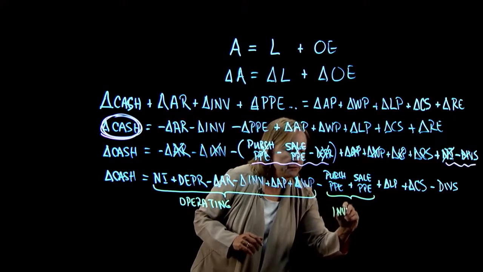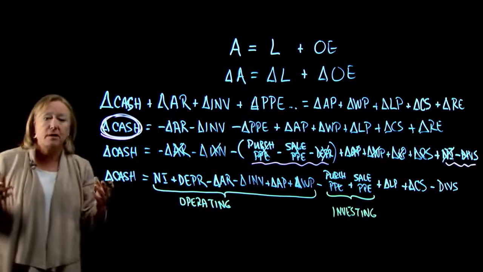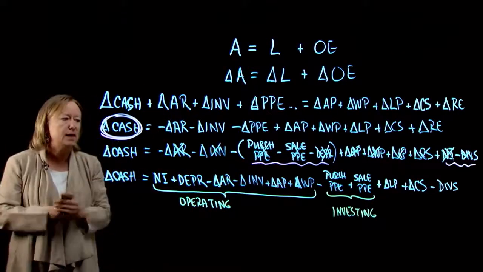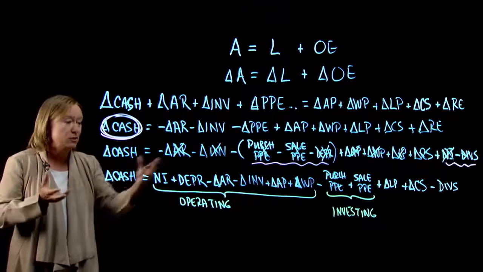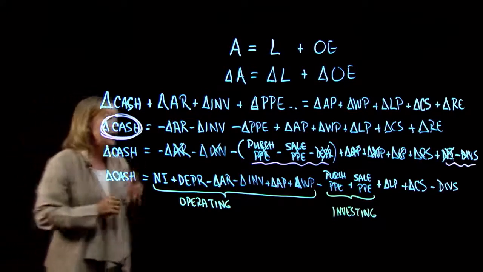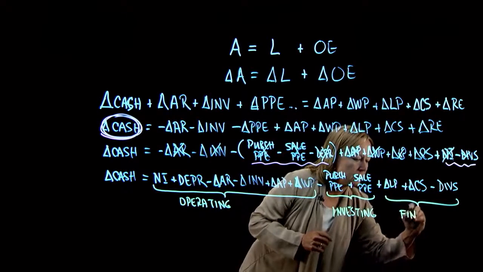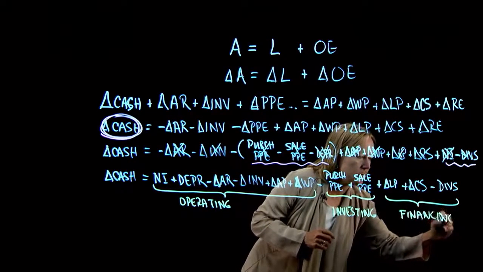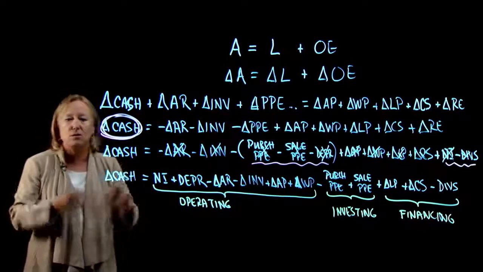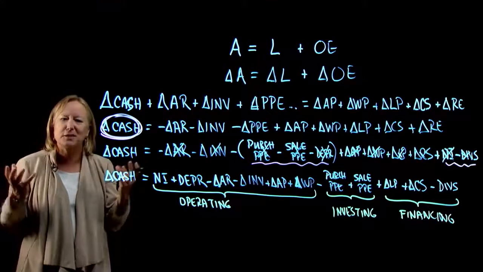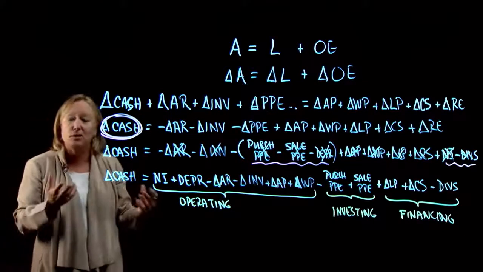These are related to our investing activities, the cash flows that are related to the purchase or sale of long-lived assets or the non-operating assets. And these are related to the financing activities, taking out loans, issuing stock, paying dividends, those cash flows that result from transactions with our owners or our creditors.